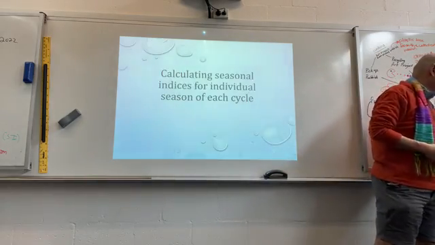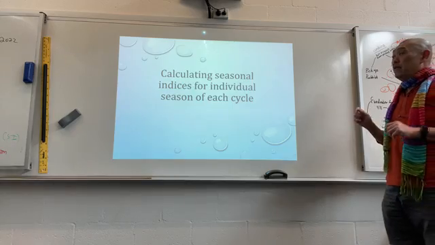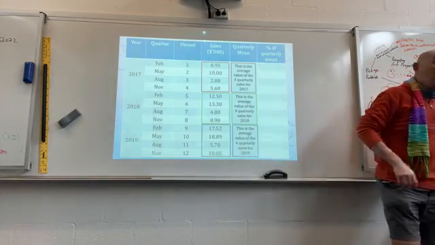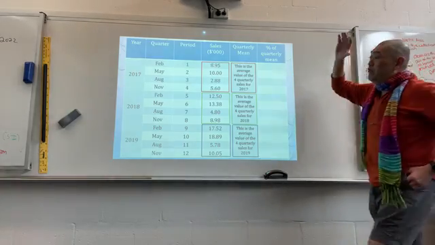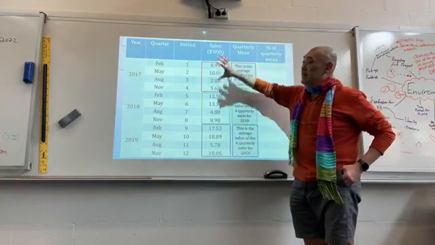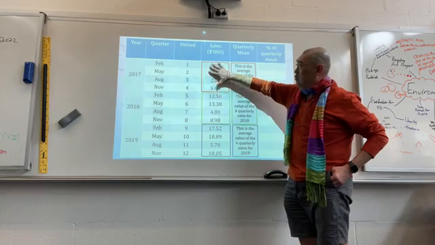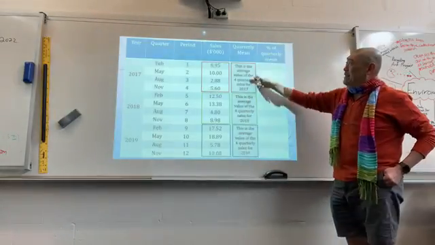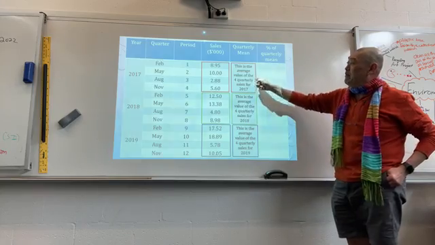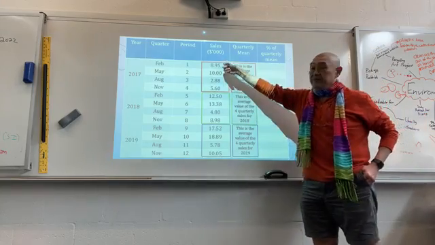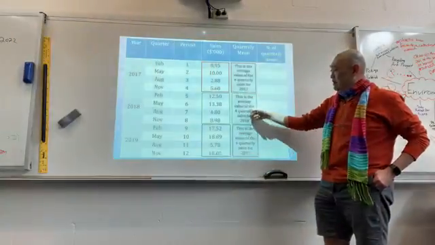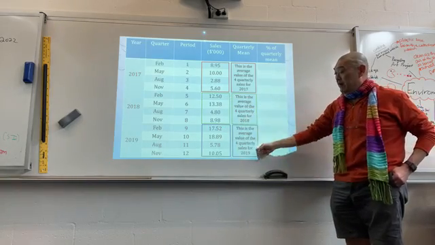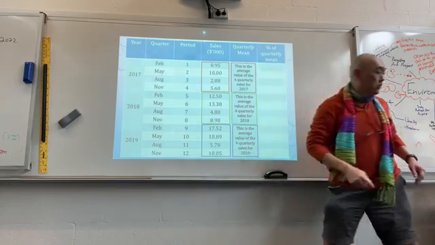Alright, now let's calculate the seasonal indices for individual season of each cycle. What happened is, you've got to look at each cycle, in this case is every year. This is 1, this is 2, this is 3. Alright? So we need to look at the quarterly mean. The quarterly mean is the average value of the 4-quarter sales for 2017. This is the average value of the 4 quarterly sales for 2018, and this is the average value for 4 quarterly sales for 2019.